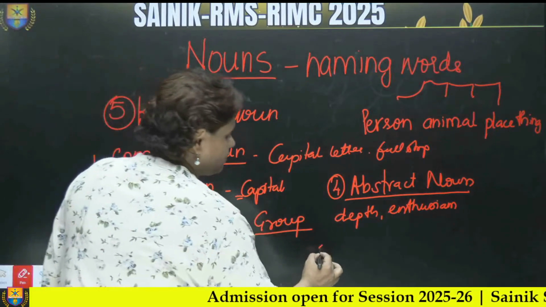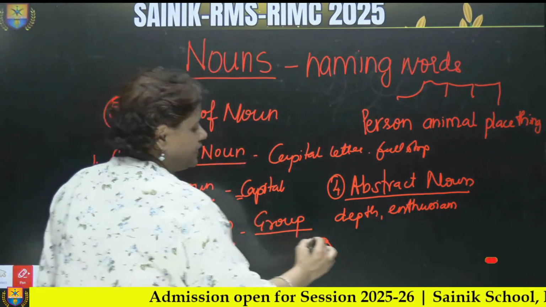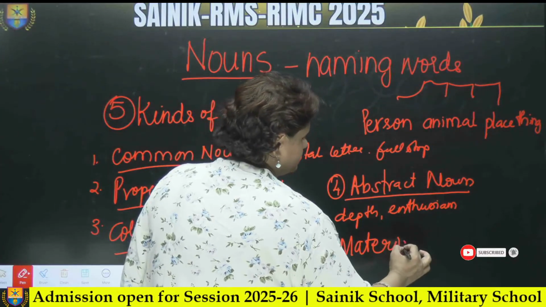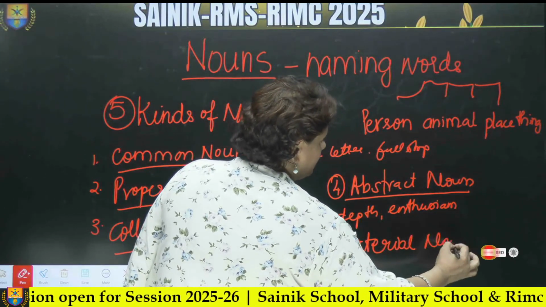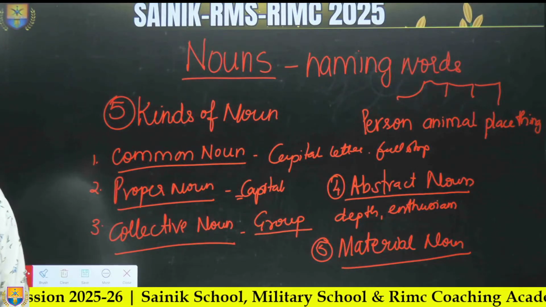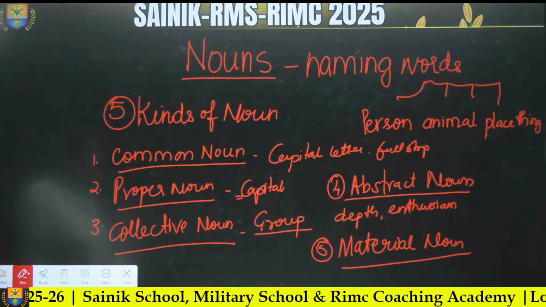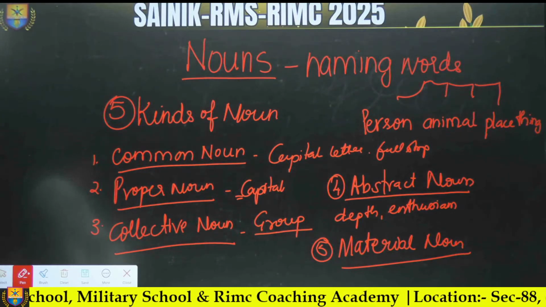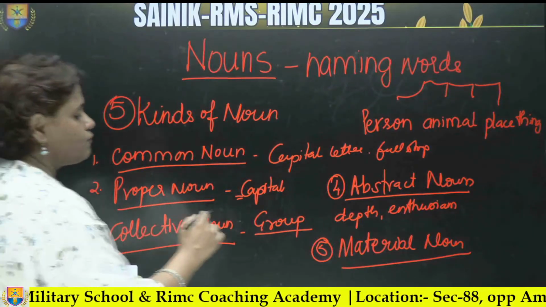Number 5. We studied about material noun. Now, what did we understand for the material noun? It stands for the non-living things and the ingredients or the substance it is made from.